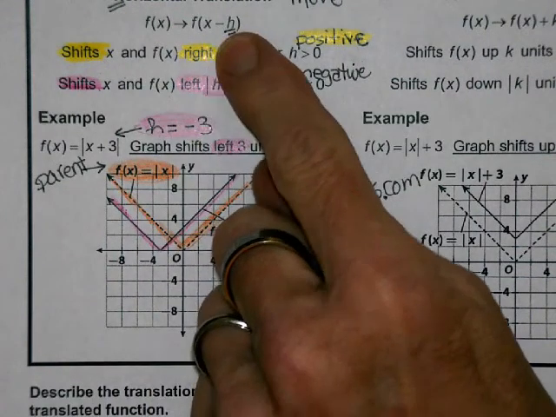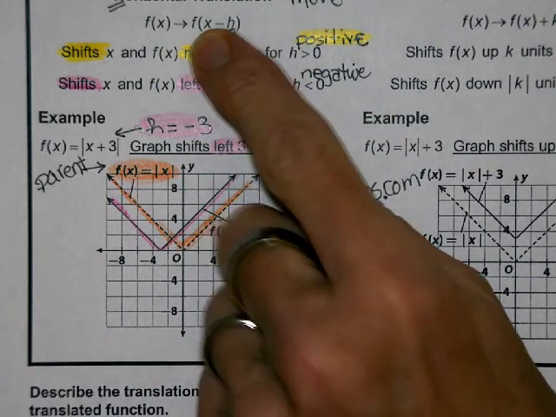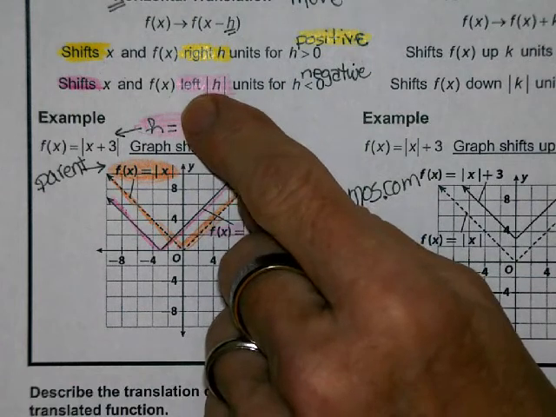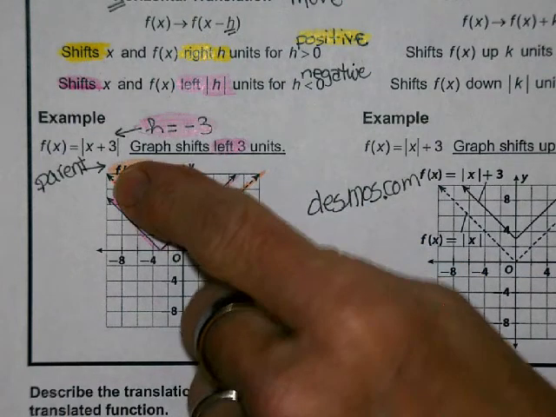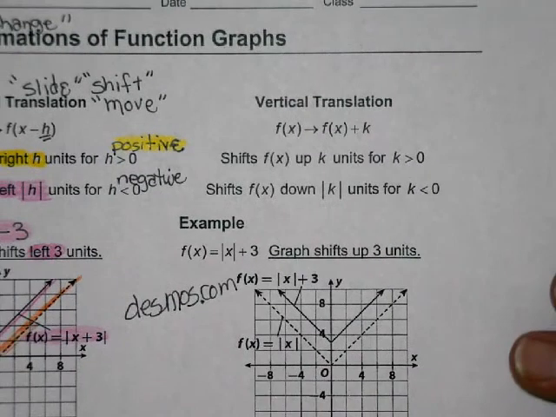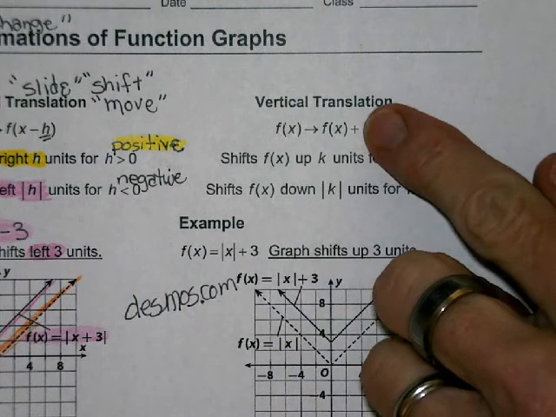So we've got the horizontal translation belongs to h. X is crazy. When you see a subtraction, it's going right. When you see an addition, it's going left. Crazy. All right, this one is normal.